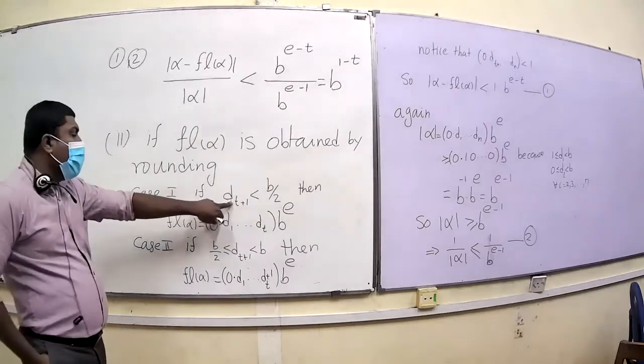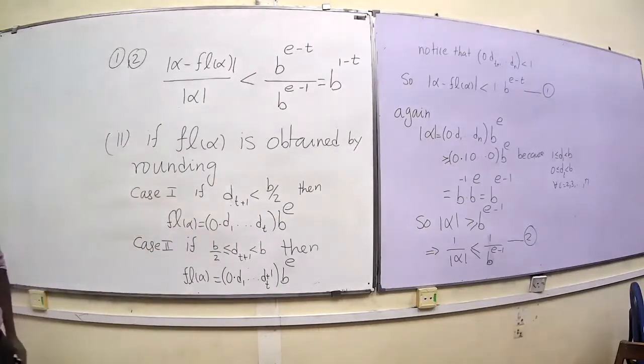If the first digit you are dropping, that is d t plus 1, is less than half of the base, so if it is base 10, less than 5, then you don't do anything, you just drop the terms. But if the first digit you are dropping is greater than or equal to half of the base, so in base 10, anything 5 or more, then you add 1 to the previous term.